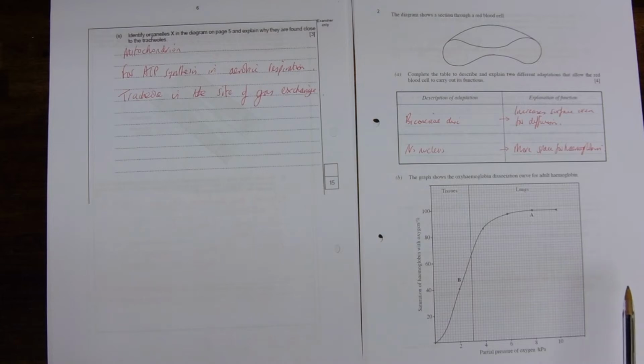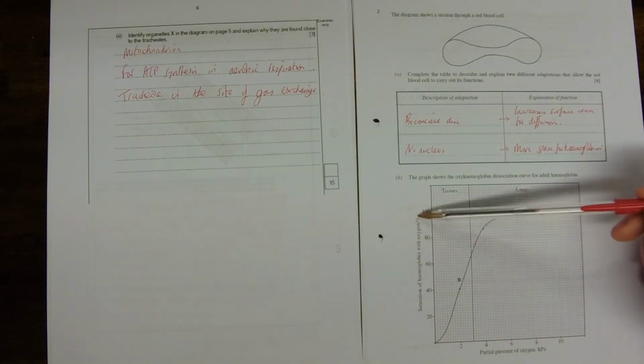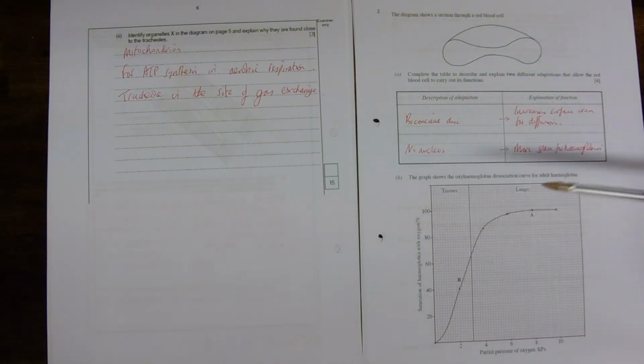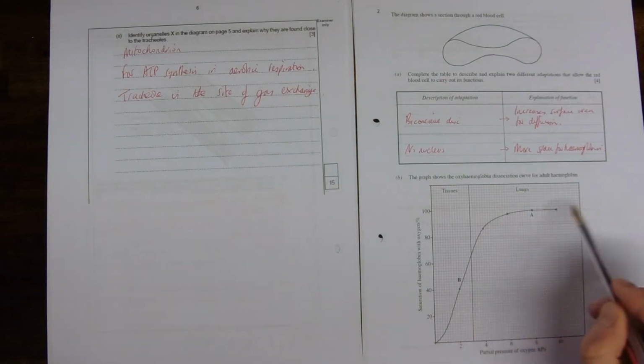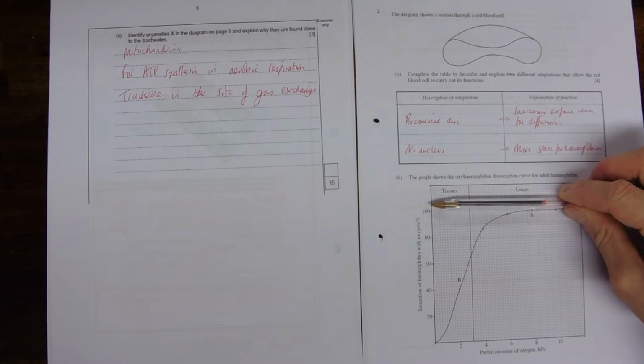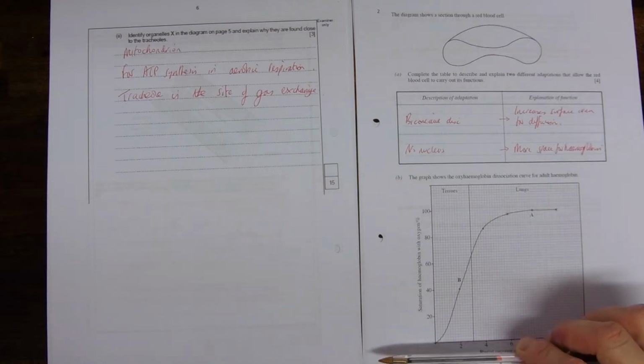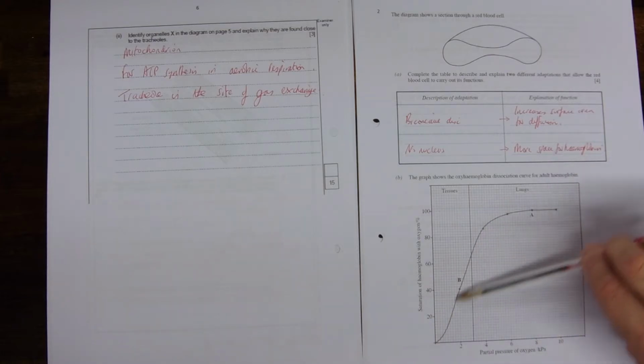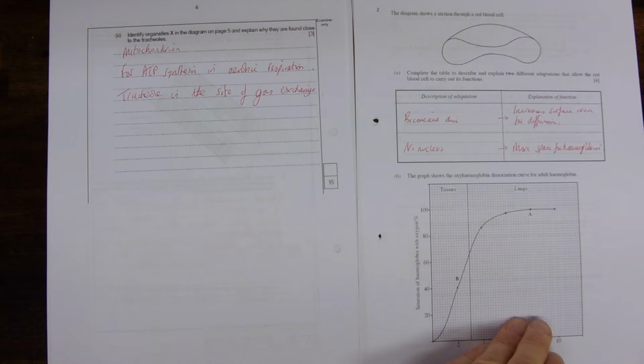Adult normal hemoglobin, and this partial pressure of oxygen, which equals the concentration of oxygen, and this is saturation of hemoglobin with oxygen, which is how much oxygen is attached to hemoglobin. And this is the S-shaped or sigmoidal, ends up near 100% saturation, down to 0, and steeper in the middle.